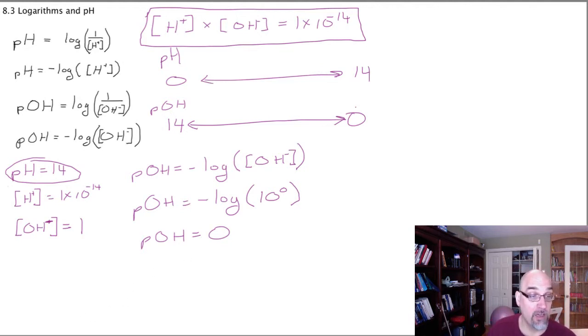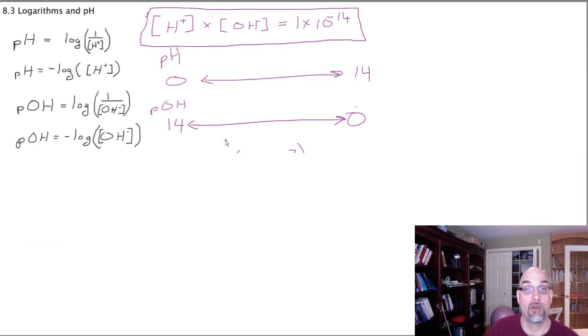And a formula that we're given in the book, that we can probably notice from here, is that if I do a few examples, I'll find, and this is actually a provable formula, that my pH plus my pOH is always going to equal 14.